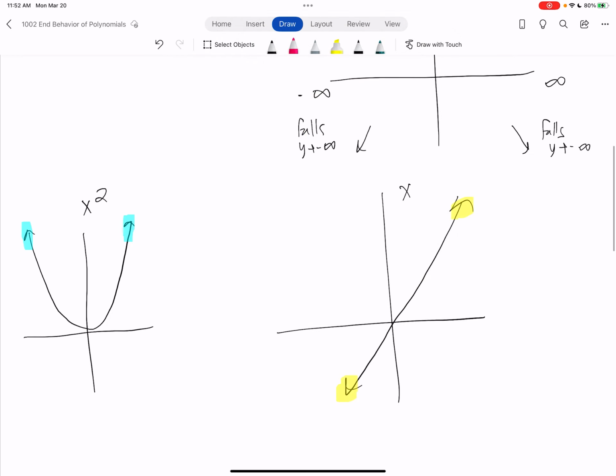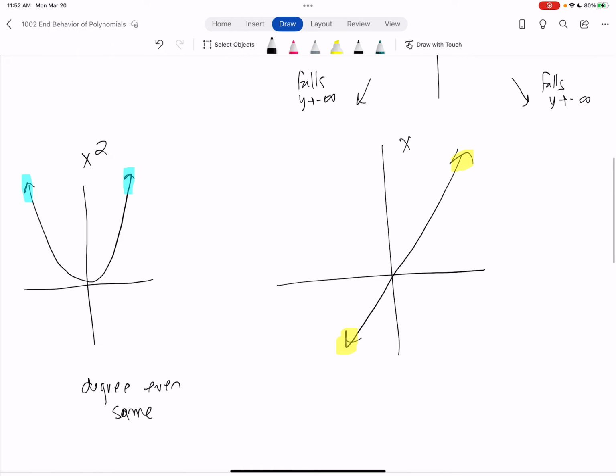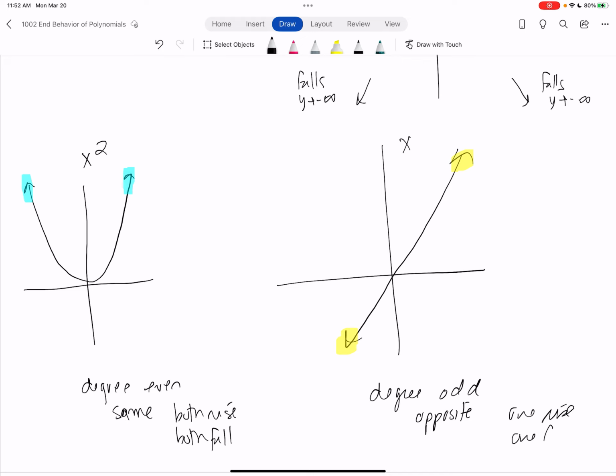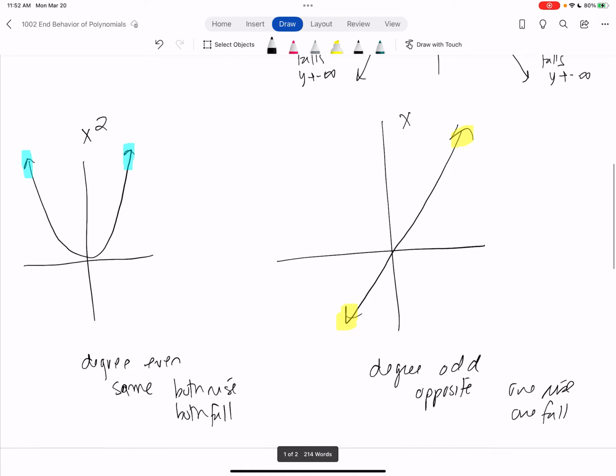So when the degree is even, the ends behave the same. They either both go up or both go down. When the degree is odd, the ends do the opposite, one up, one down. So both rise, both fall, or one rise, one fall.